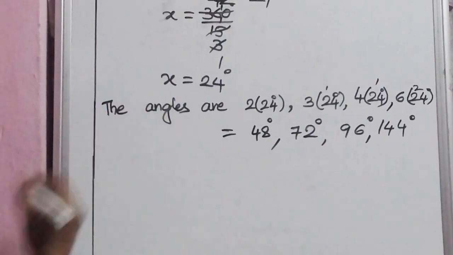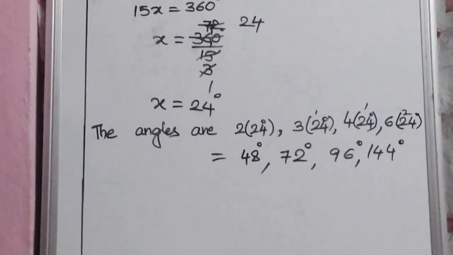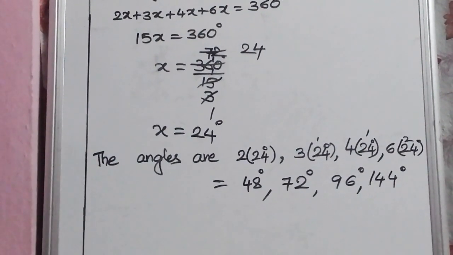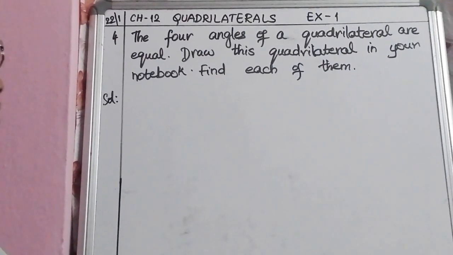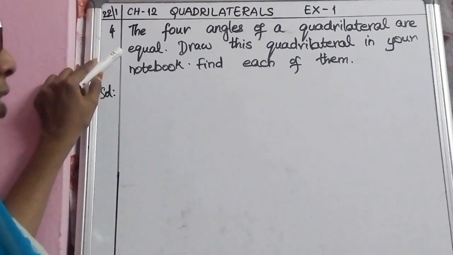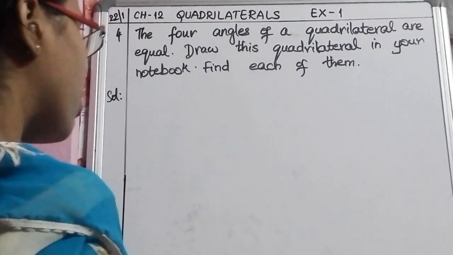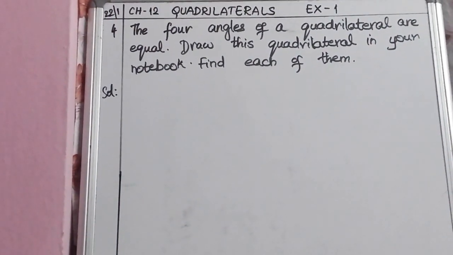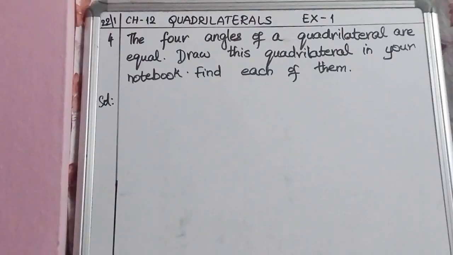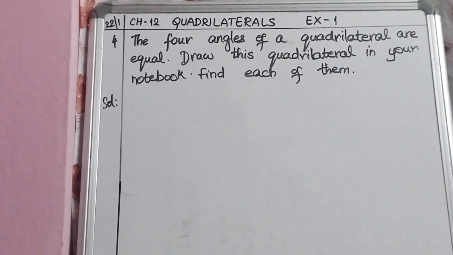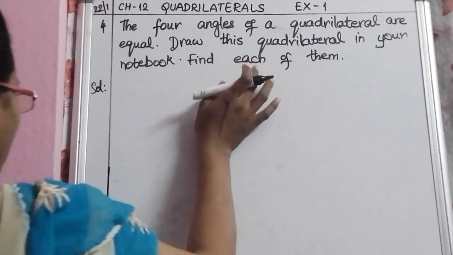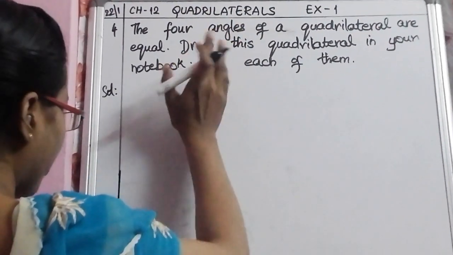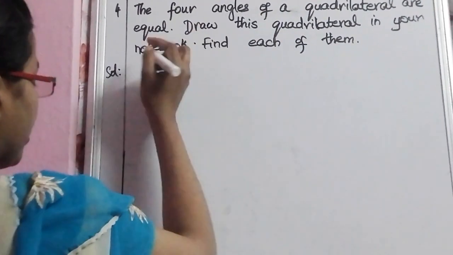Understood this? Copy in your classwork books, children. Let us do the fourth problem. The 4 angles of a quadrilateral are equal. Draw this quadrilateral in your notebook. Find each of them. That means we have to find out the angle for each of the sides.